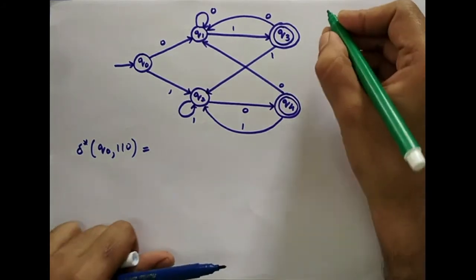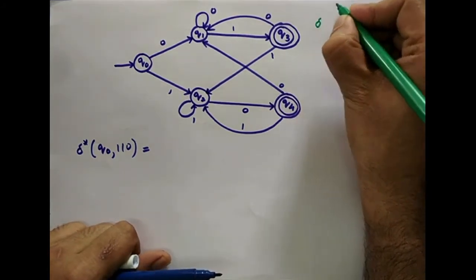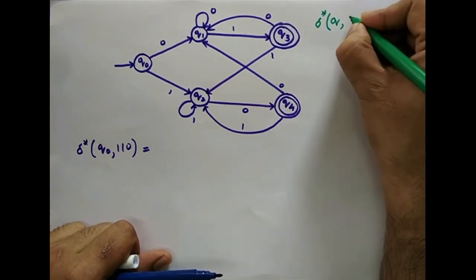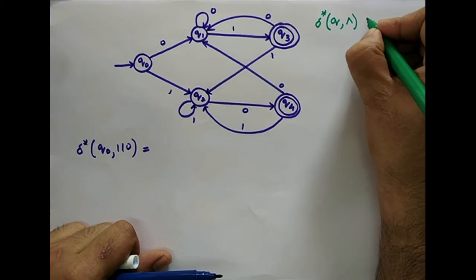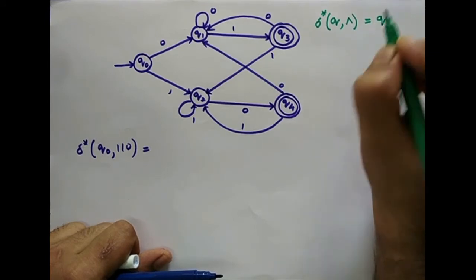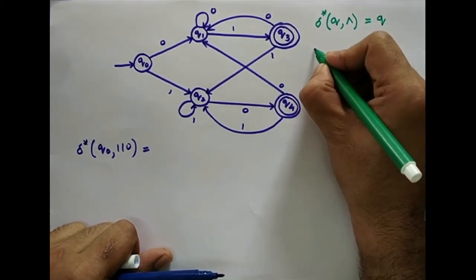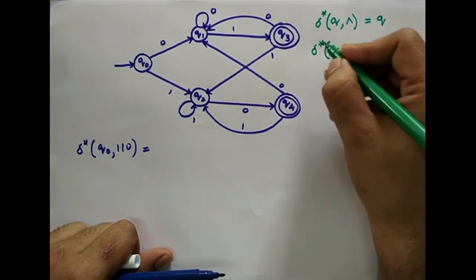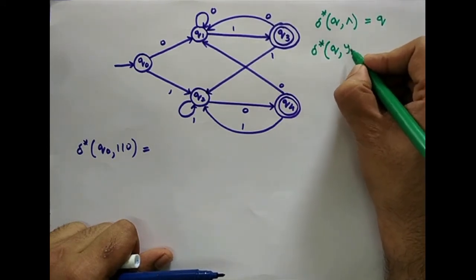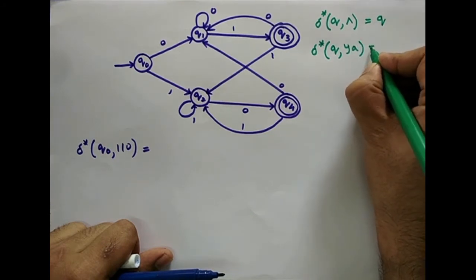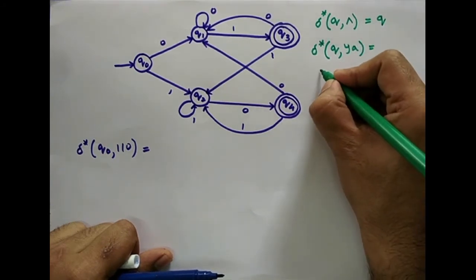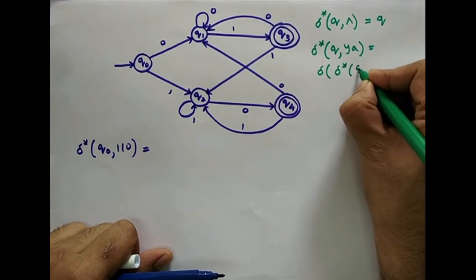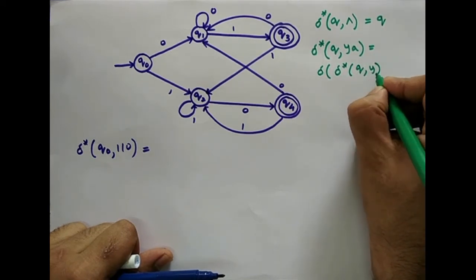The extended transition function δ* from any state q on reading the null string gives you q itself, and δ* from any state q on reading a bigger length string, say ya, can be written as δ(δ*(q, y), a).